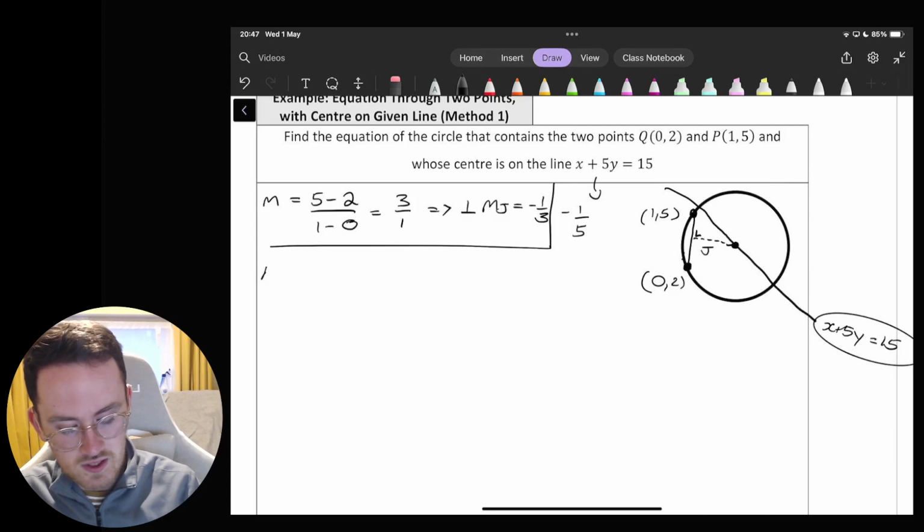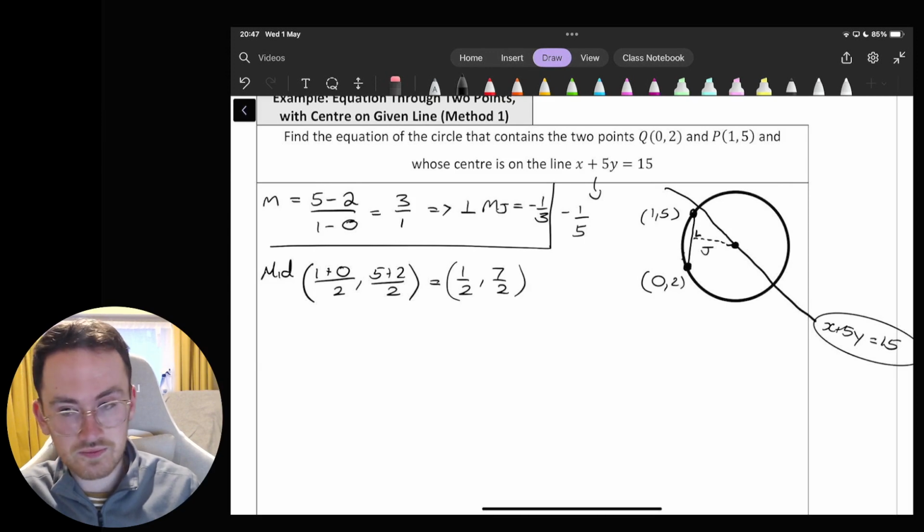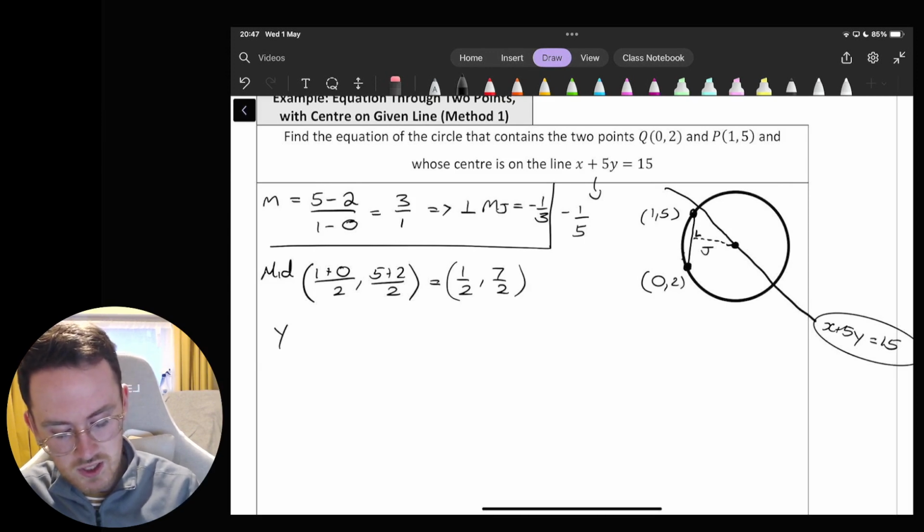I need to also find the midpoint, of course, as we've done with all the other cases. So 1 plus 0 over 2, 5 plus 2 over 2. So that's going to be a half, and 7 over 2. That's my midpoint here. Finding the equation of this line then: y minus 7 over 2 equals minus a third, x minus a half.